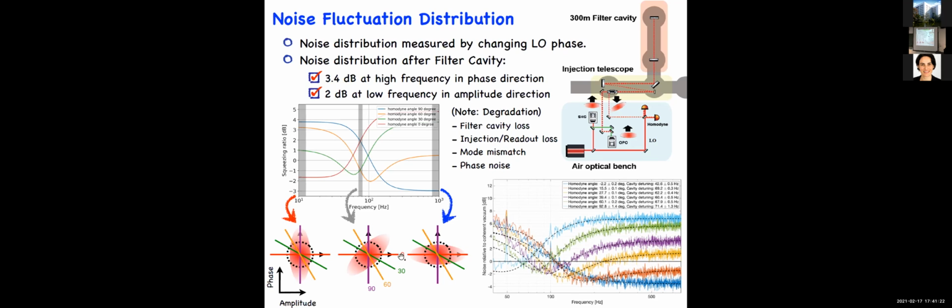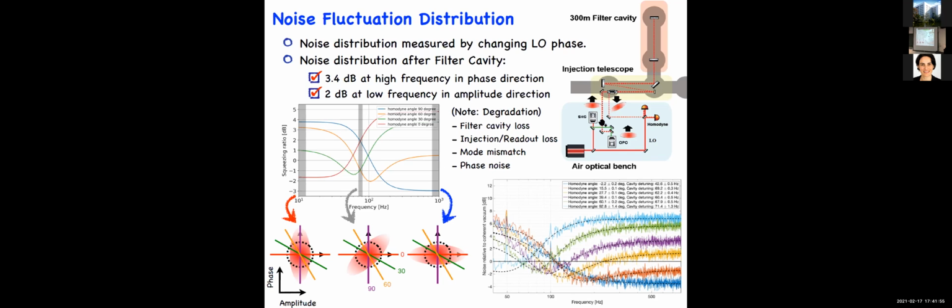For example, from 0 to 30 to 90 degrees, we can get this noise fluctuation distribution. However, we can observe that after the filter cavity, the squeezing level will decrease because of the optical loss and the shot noise coming in.